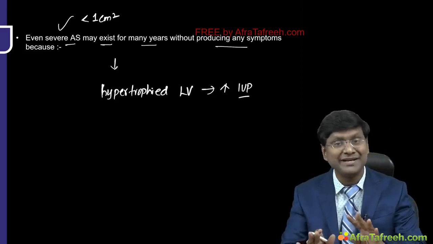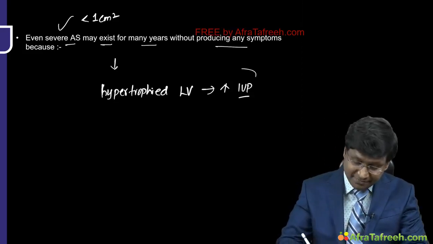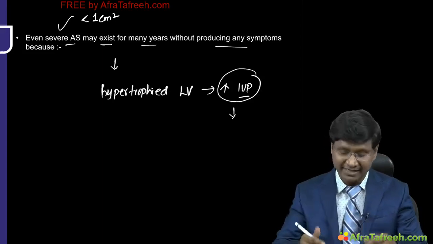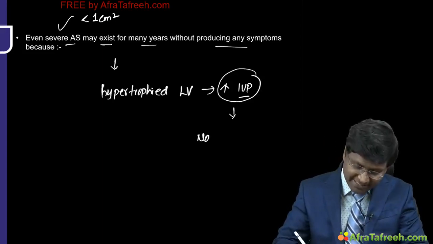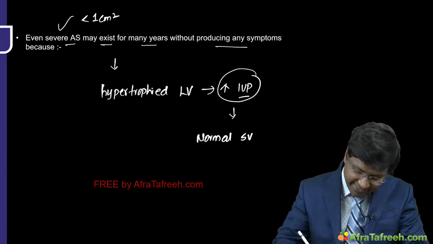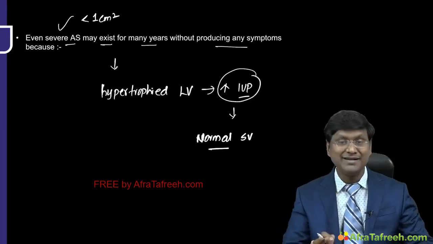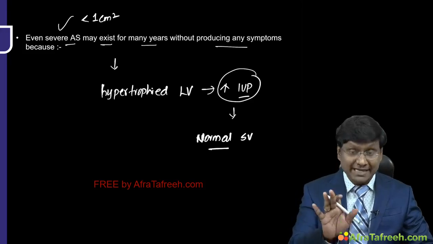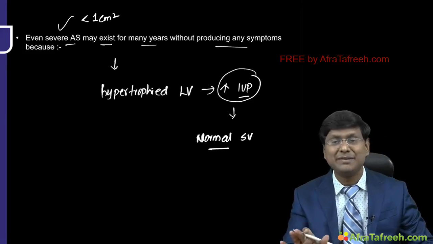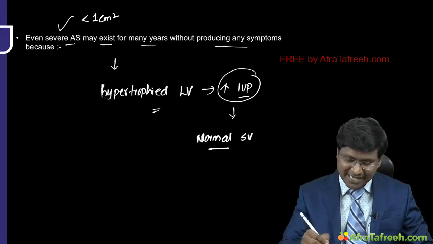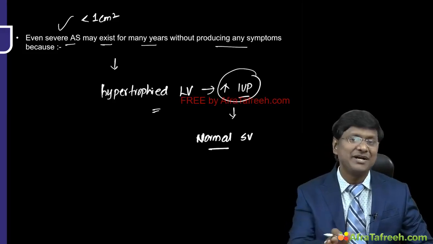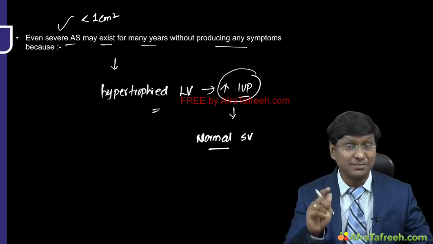IVP stands for intraventricular pressure, and this elevated intraventricular pressure is required to maintain the normal stroke volume. So even though the valve area is less than 1 centimeter square, for a period of time the individual may be asymptomatic because of this hypertrophied left ventricle increasing the intraventricular pressure, which is required to maintain adequate stroke volume.